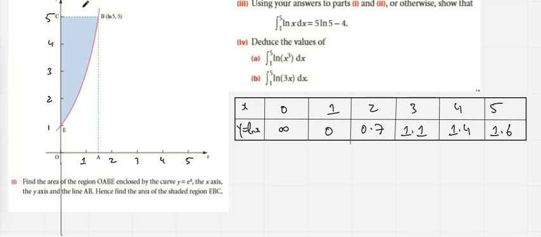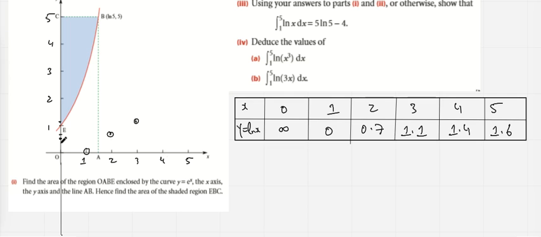So at 1 I'm having 0. At x value 2 I'm having 0.7. You see this is your 1, 1.5 is actually in the middle, and 0.7 might be over here. At x value 3 I'm having 1.1, so 1.1 is probably here, so that's what I'm going to draw.